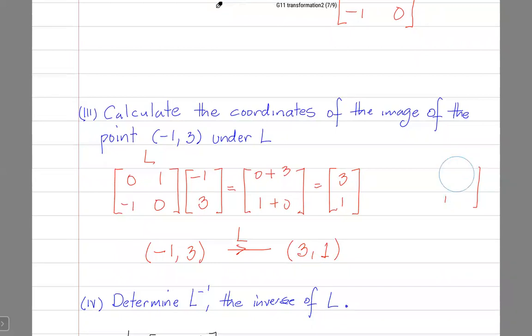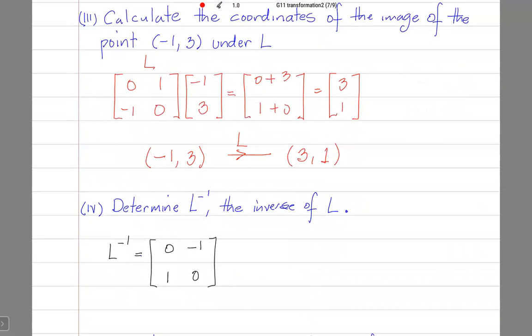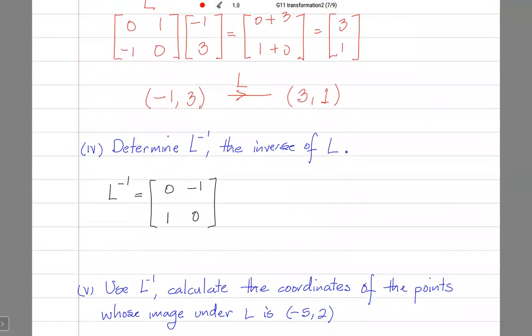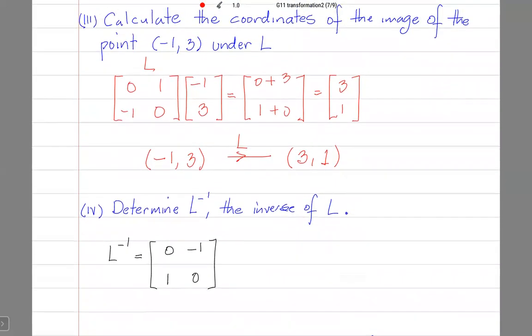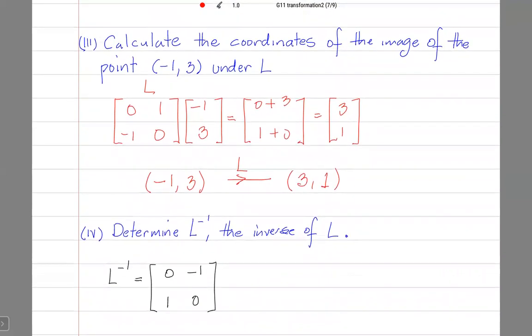What else? Now this says to determine L inverse. All right, can anybody describe L for me? Well, what I did here is that I just wrote down L inverse. Looking at it, L looks as if it is an anticlockwise rotation of 270 degrees about the origin.